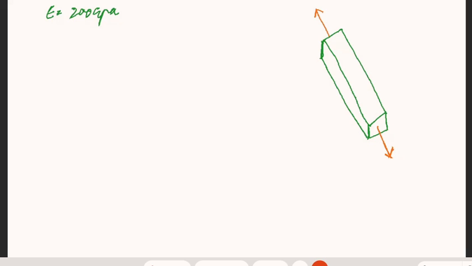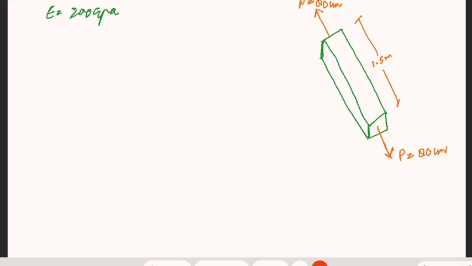Is it a compressive load or a tensile load? P is 80 kilonewton. And it has a length of 1.5 meter.